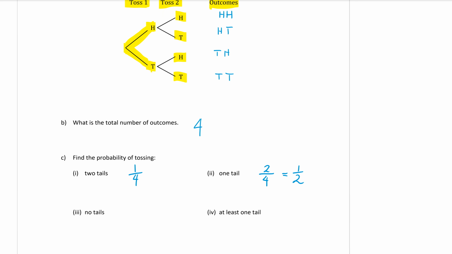So no tails would have to be this one up the top, which is head, head. It's the only one that has no tails in it. So that's 1 option out of the 4. And part 4, at least 1 tail, means it could have these 2 that have 1 tail, or I could have 2 tails. So that means 3 out of the 4 options.